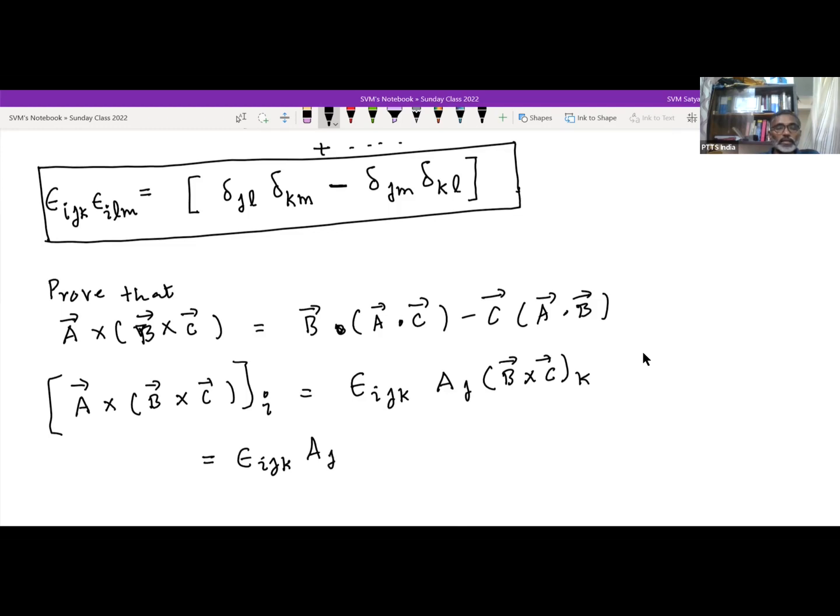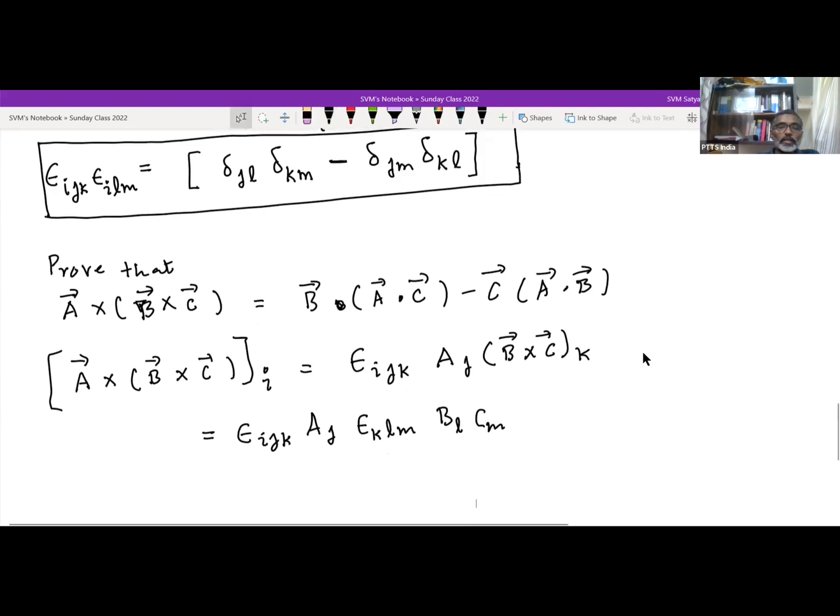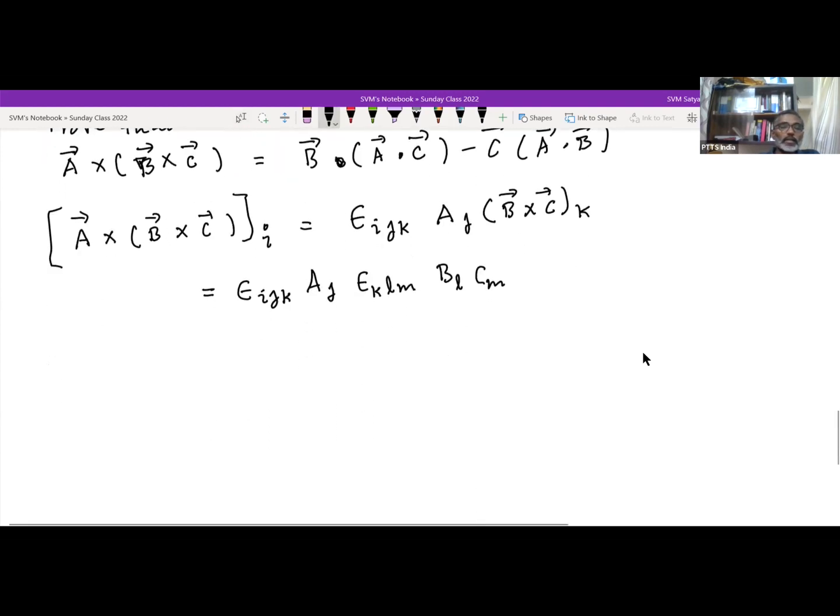Now I will write B cross C of k as epsilon klm bl cm. Now once I write everything in terms of this notation, I can write this as epsilon ijk epsilon klm aj bl cm.